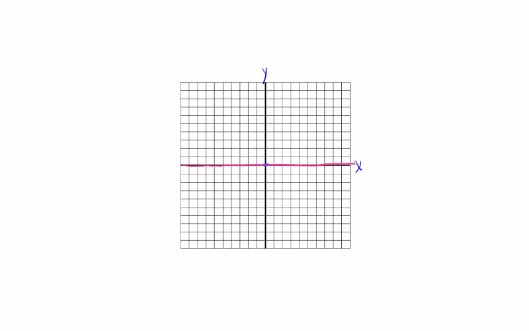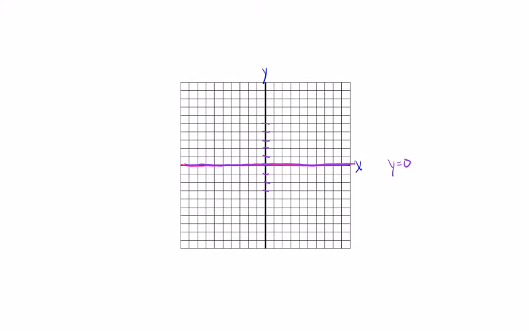Y equals 5, 4, 3, 2, 1, 0, -1, -2, etc. So anywhere along the x-axis, y is equal to 0. In fact, that's the equation of the x-axis. The horizontal line is y equals 0, okay? So that's one thing we know about the x-axis: y always equals 0.